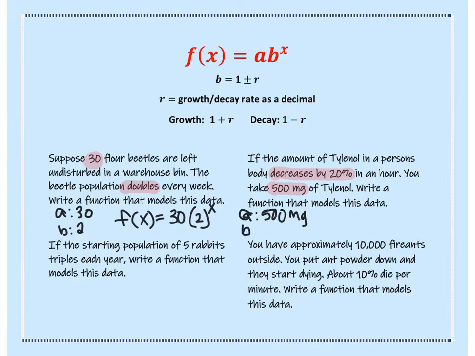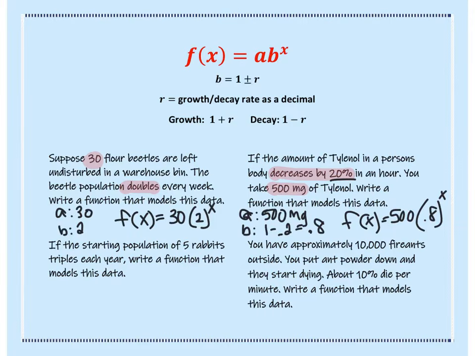My b value is going to be 1 minus, because it's a decay, it says decreases. 1 minus, and what is 20% as a decimal? 0.2. 1 minus 0.2 is 0.8. So for every hour you take it, you actually have 80% in your system after every hour. So there's my function.